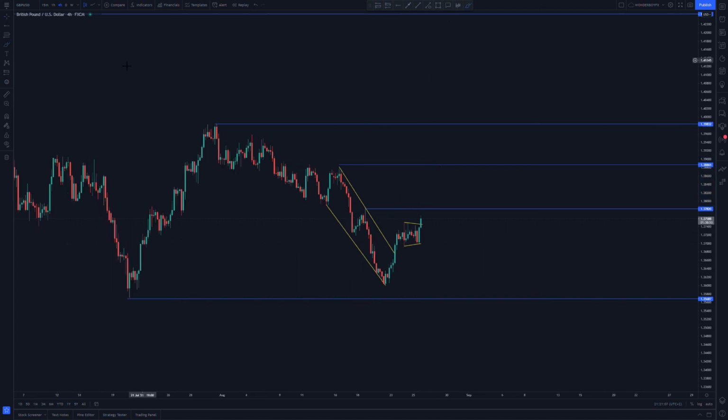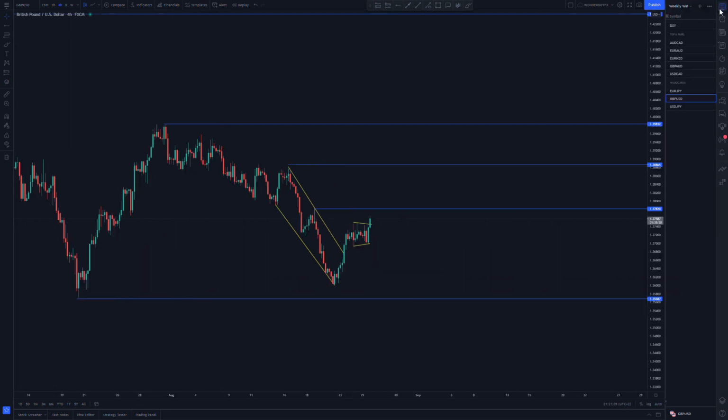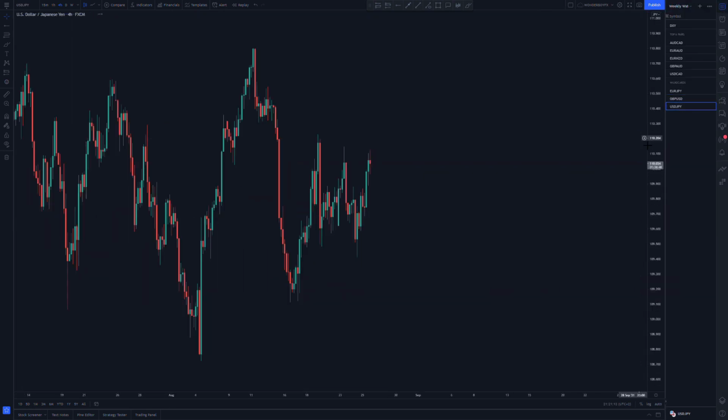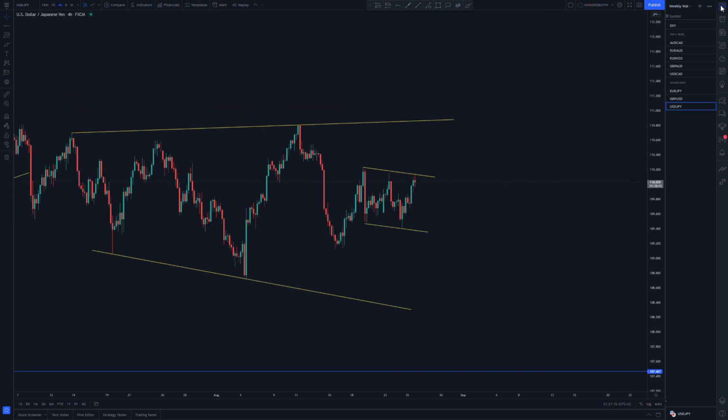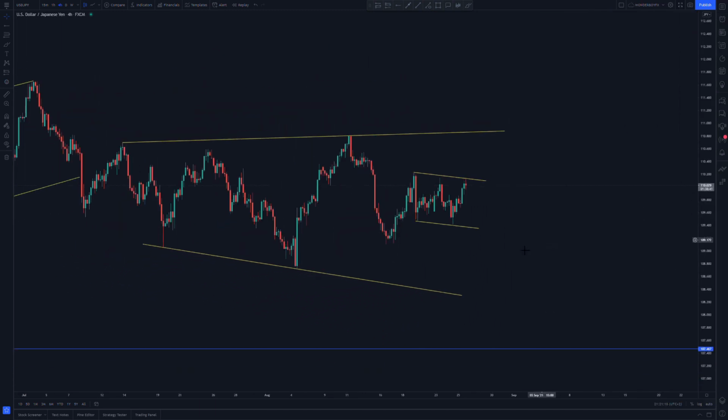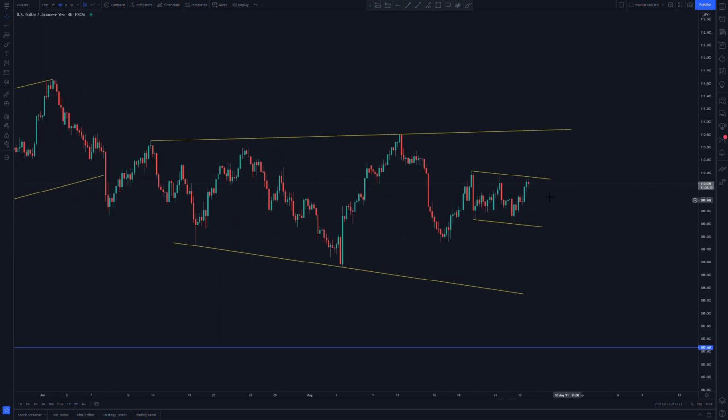Now, the last pair, it's USD JPY. So there's something that is happening. As you can see, we have this move, and then we push, and then form this corrective move. So it's more likely that we can come to this low and then continue to push to the upside.